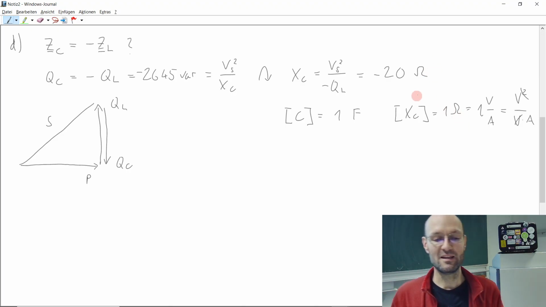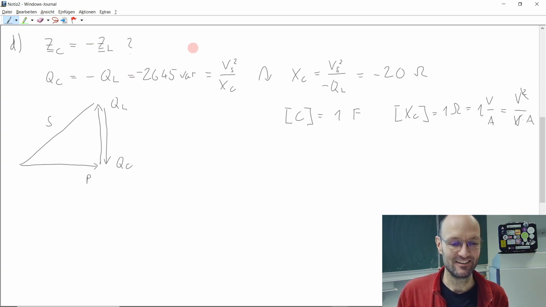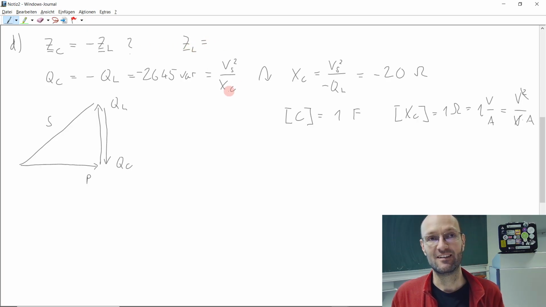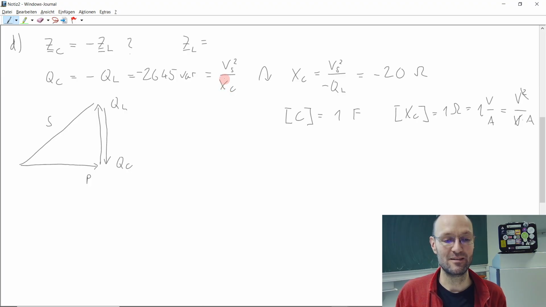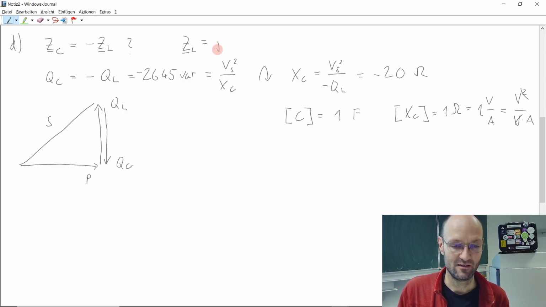So now coming back to the statement that we had at the beginning. How large was the ZL? The complex impedance of the inductor was j omega L, and in our case it was j 10 ohm.